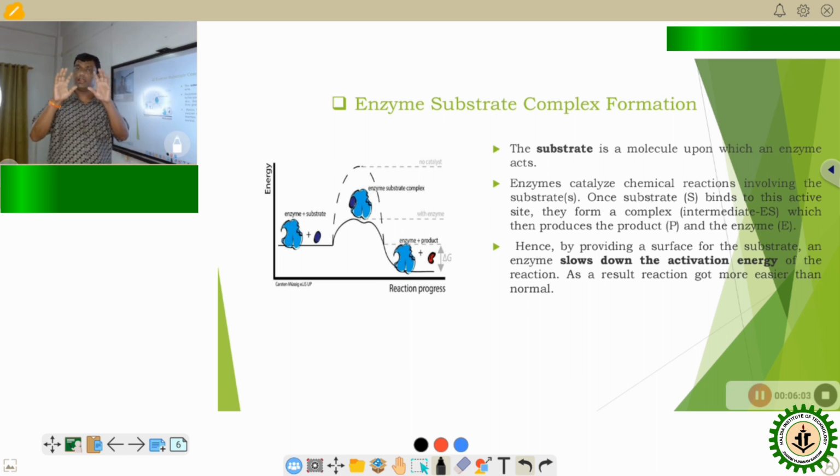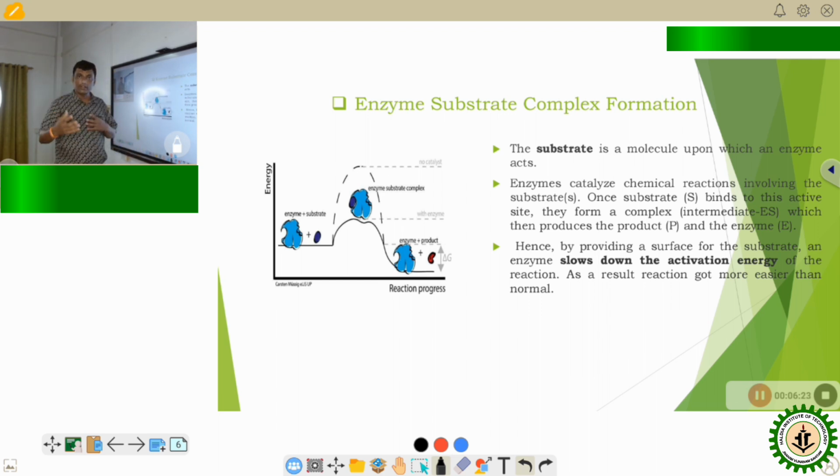If you consider any substrate, suppose glucose, glucose exists stably in nature, meaning it is non-reactive. But suppose you try to convert that glucose into carbon dioxide and water and extract energy. So in that case, what happens?